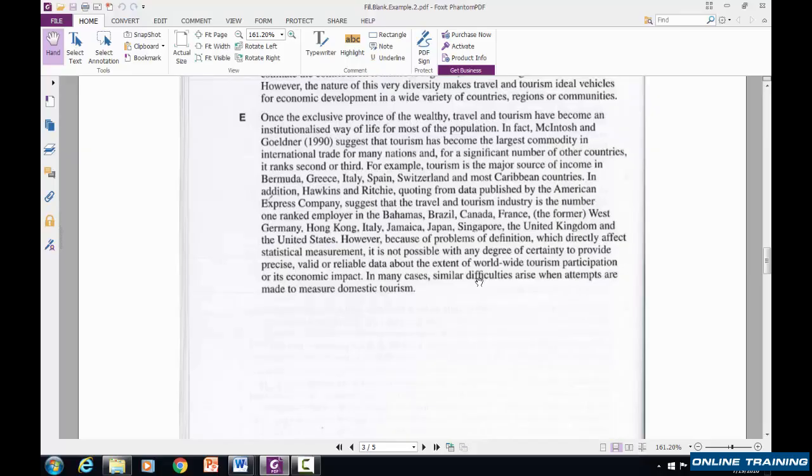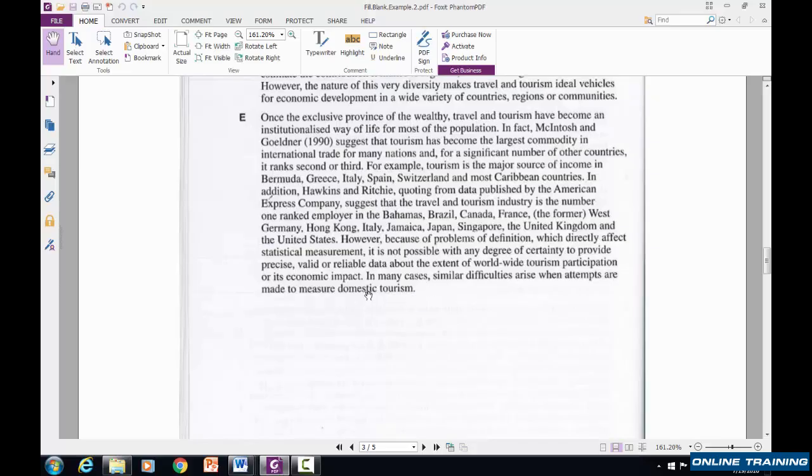Now you might look at the previous sentence also, because it's talking about problems of definition, and we have the words statistical measurement. But really, this is the sentence we need to look at right here. In many cases, similar difficulties arise when attempts are made to measure domestic tourism.